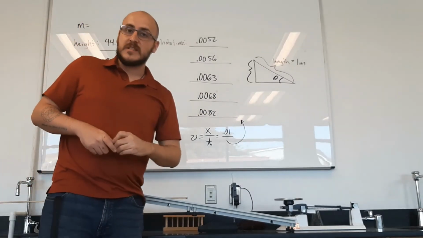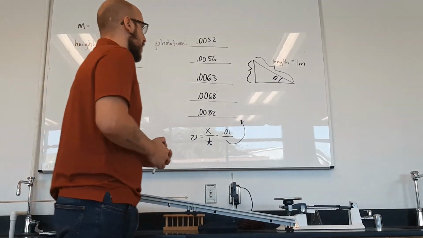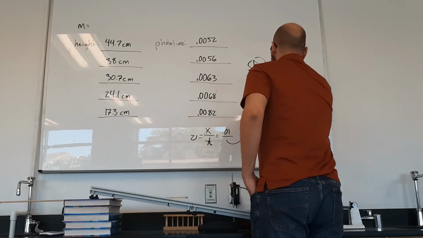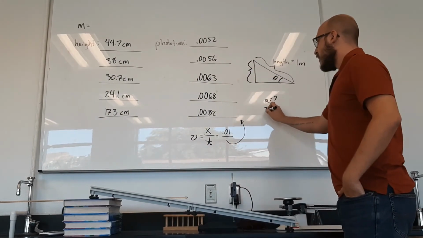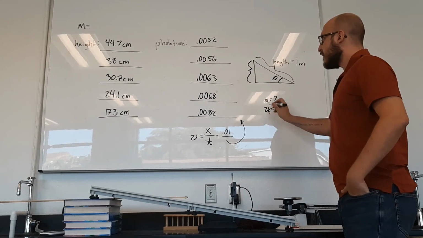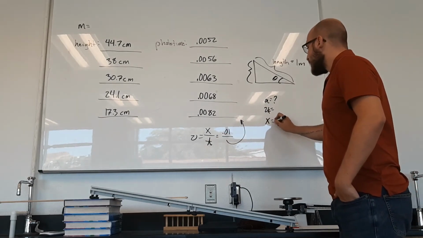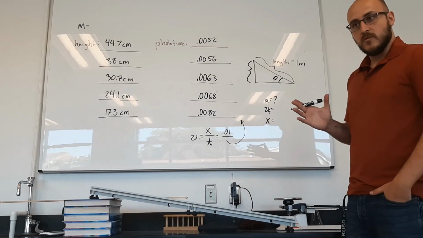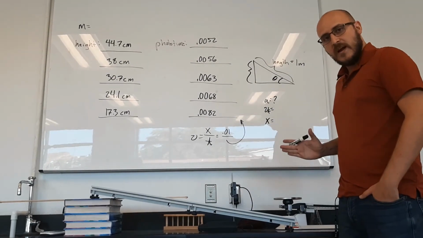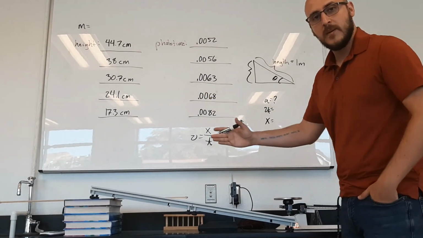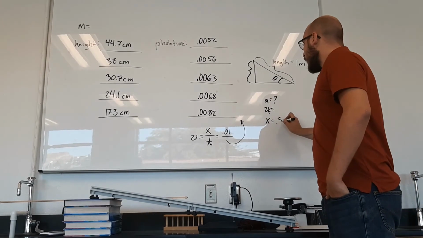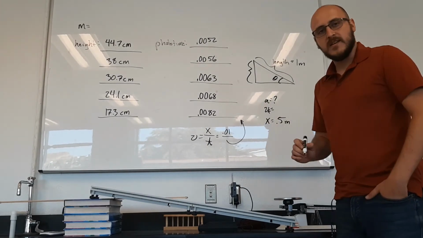When you're looking for your acceleration down the ramp, okay, so we're looking for a. The information that we'll know will be Vf. That will be whatever you're getting from this. You will know the distance down the ramp. Remember that we're looking at the entire distance that it traveled, not the entire length of the ramp. All right, we're looking at 0.5 for that distance there.